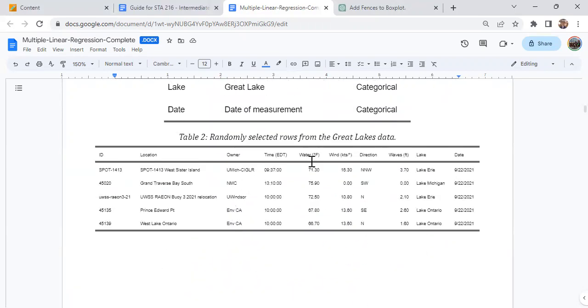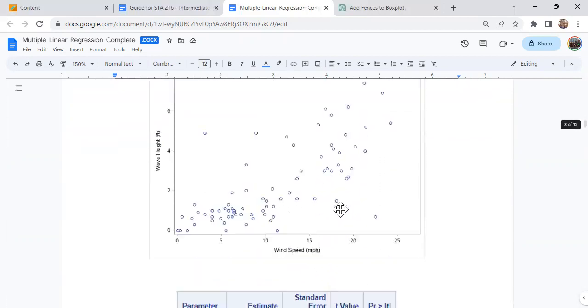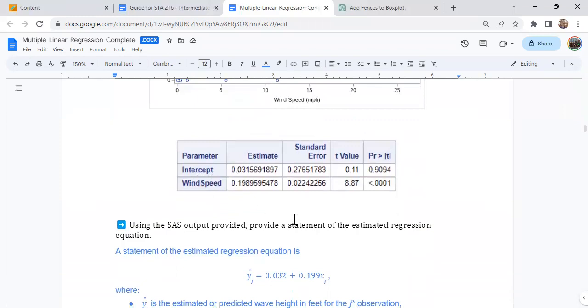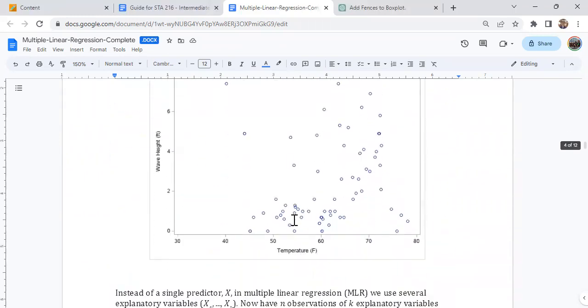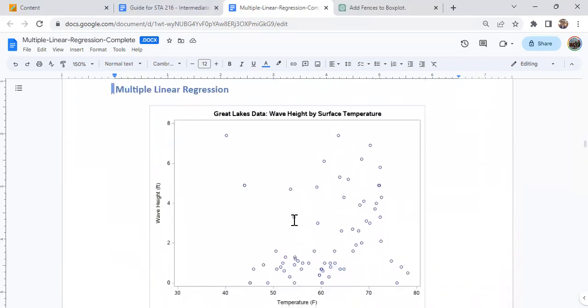So in this case, we had water temperature recorded by the buoy, and wind speed, and the wave heights. So if we want to use more than just wind speed to predict wave heights, we can do that using multiple linear regression, where the multiple is referring to multiple predictors.